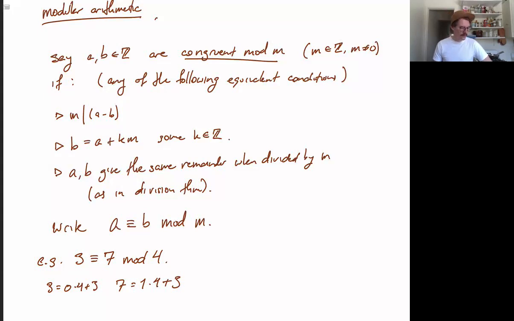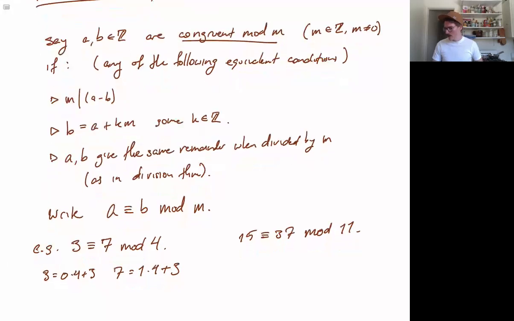Let's have another example. So 15 is congruent to 37 mod 11. And let's just check this in a few different ways. Their difference is 22, which is divisible by 11. So 15 plus 2 times 11 is 37. And here, how can we write these?